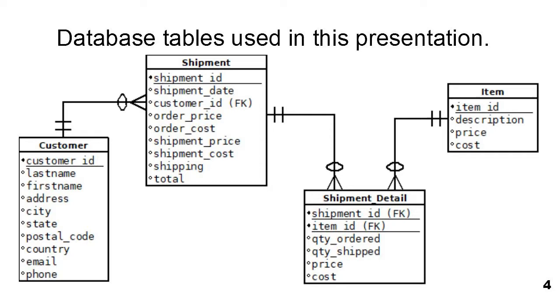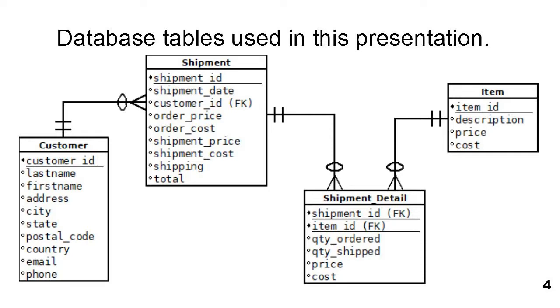This presentation will be using a group of SQL tables laid out like this. There's a customer table, a shipment table with the customer ID being a foreign key. There's an item table with a shipment detail table using the shipment ID, a foreign key from the shipment table, and the item ID from the item table concatenated together.